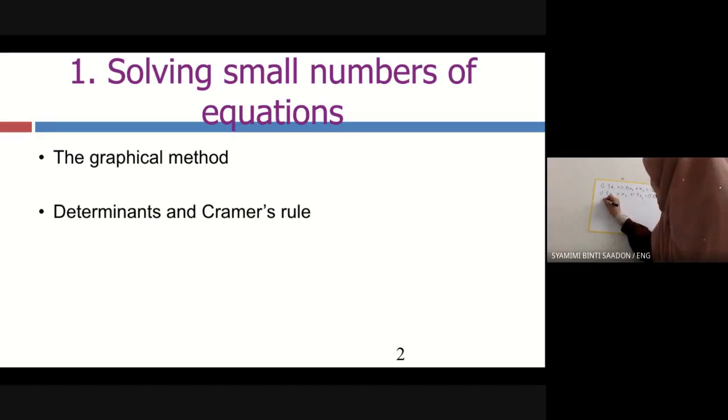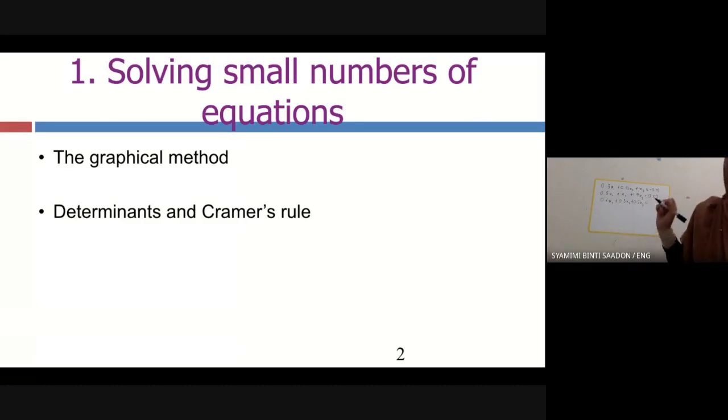Okay, last one, 0.1 x1 plus 0.3 x2 plus 0.5 x3 equals minus 0.44.